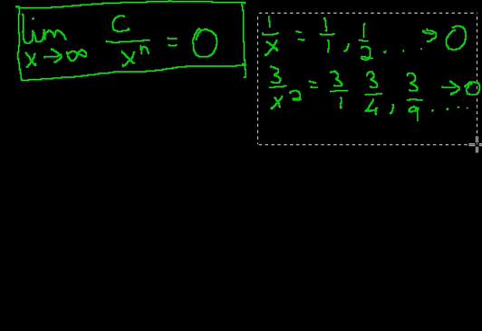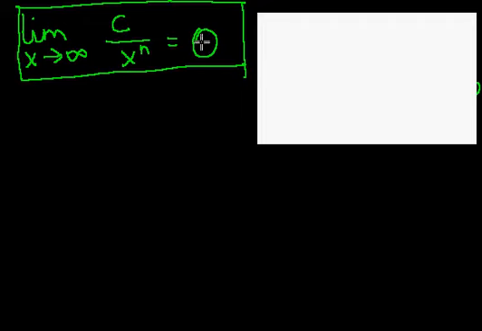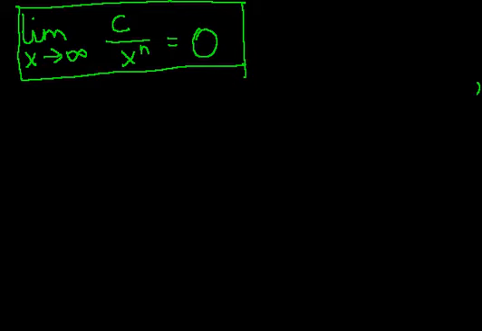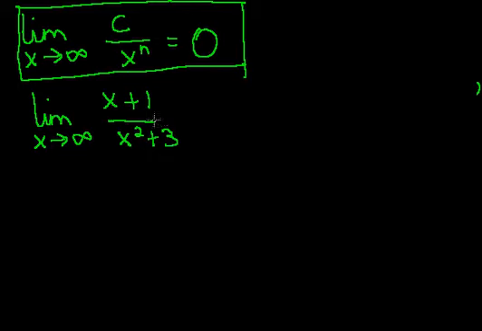So let me erase this, and let's do a couple problems that are like this. So let's say we had the limit as x tends to infinity of x plus 1 over x squared plus 3.